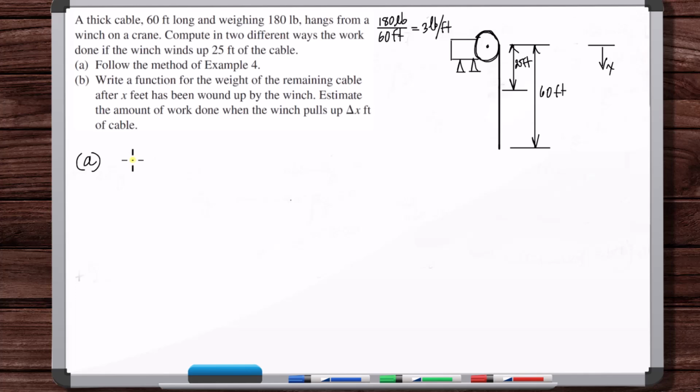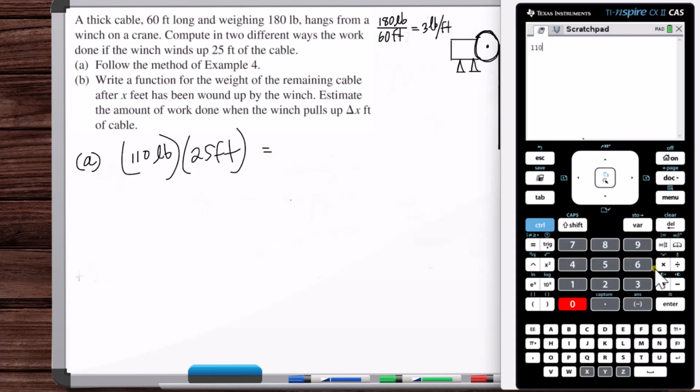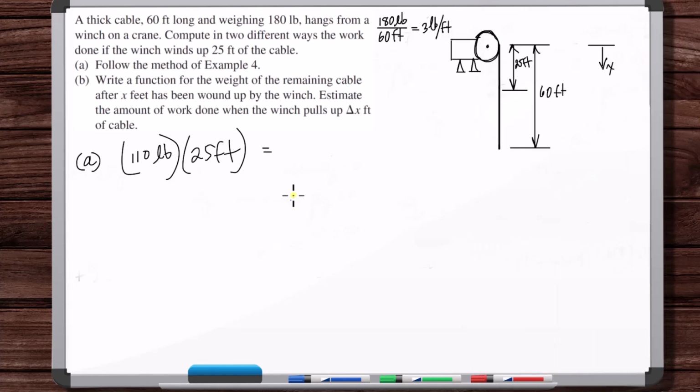That's 105 pounds. All we're doing is lifting this 105-pound cable 25 feet. We don't need integration here. This times 25 feet is 2625 foot-pounds.